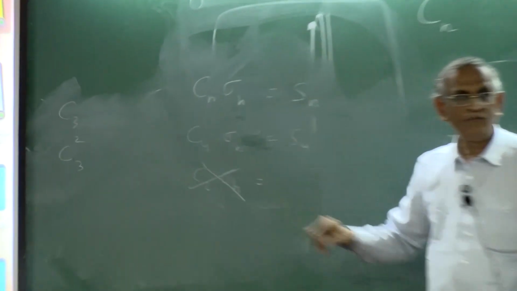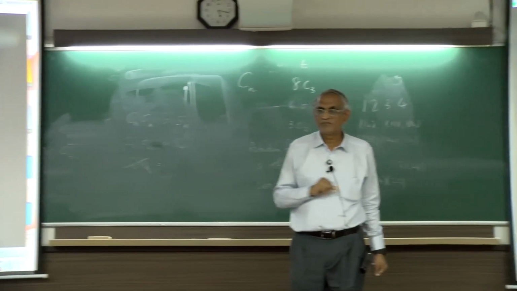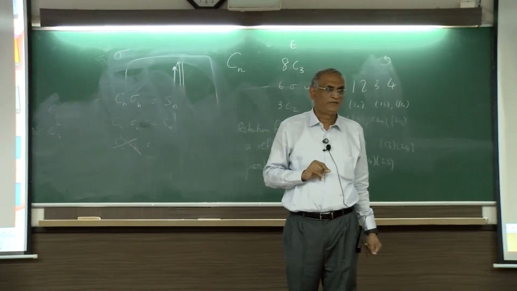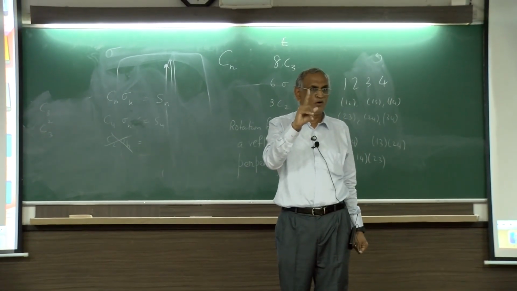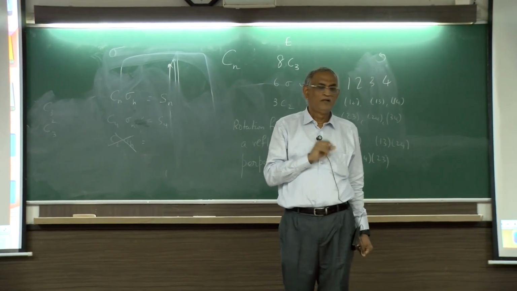This is a special one. This is a plane which is perpendicular to your rotation axis. It doesn't exist. But if you say 90 degrees, how many such elements are there? Each rotation axis, C4, C2, will have an S4. So there are three of them.